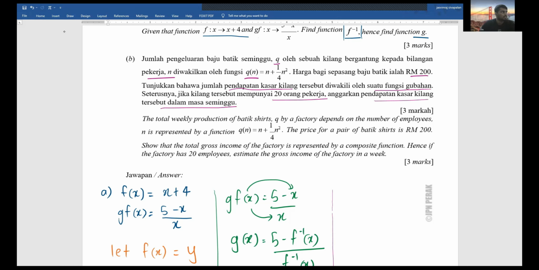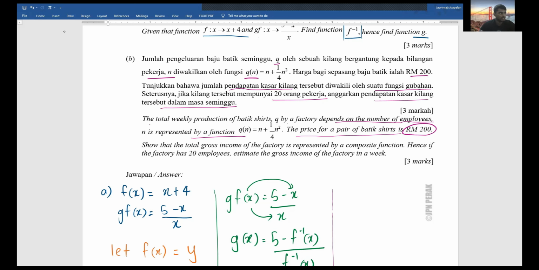Okay, you have to find two things here. Okay, let me read that again. The total weekly production of batik shirts, labeled Q, by a factory depends on the number of employees N. It is represented by the function Q(N) equals N plus 1/4 N squared. The price for a pair of batik shirts is RM200.